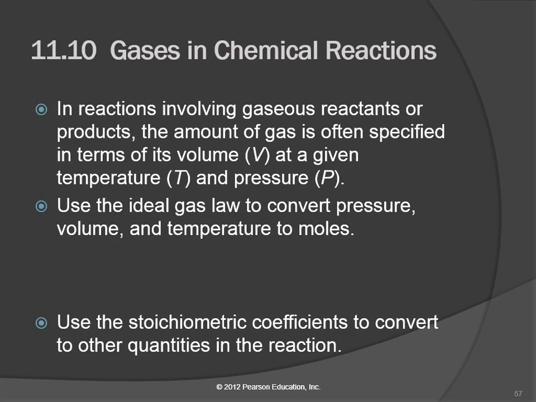So when we have a situation like this, we're going to use the ideal gas law to convert the pressure, volume, and temperature to moles. If we remember, the ideal gas law is PV equals nRT, and we can rearrange that to solve for n.